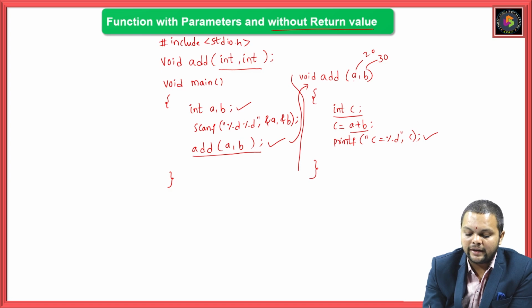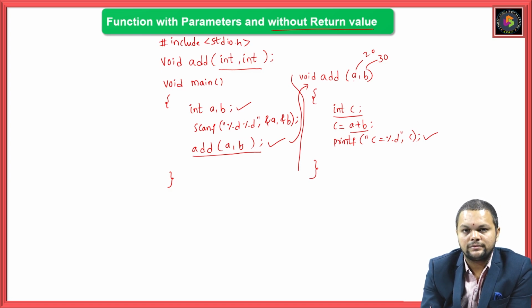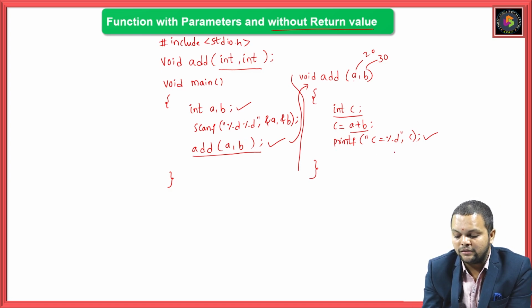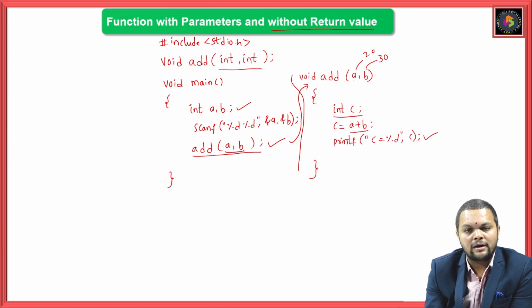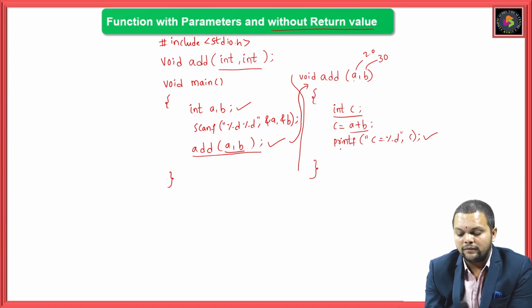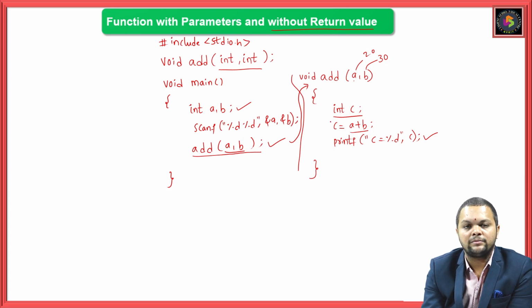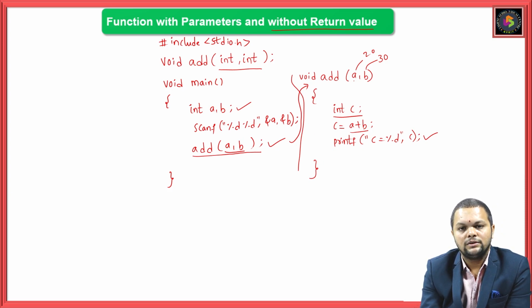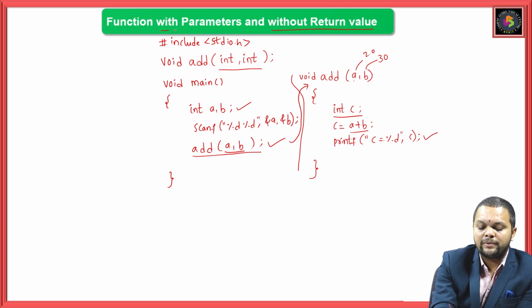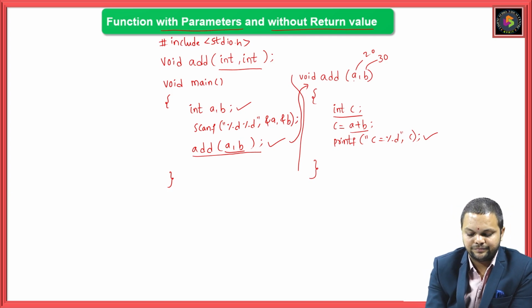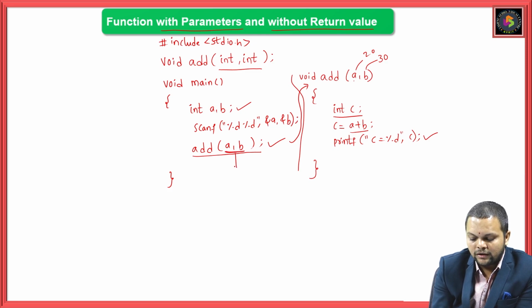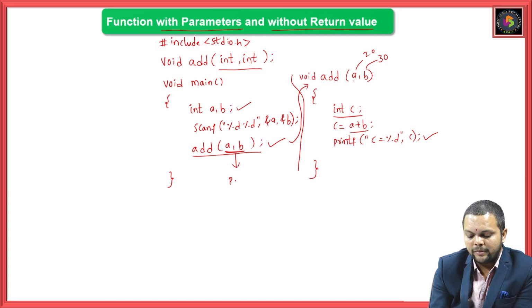This is directly taking values from the other function and printing. With parameters, these are parameters. Without return value, there is nothing returning from this function. So this is about with parameters and without return value. And there is a main thing to discuss here. See, these two are called parameters.